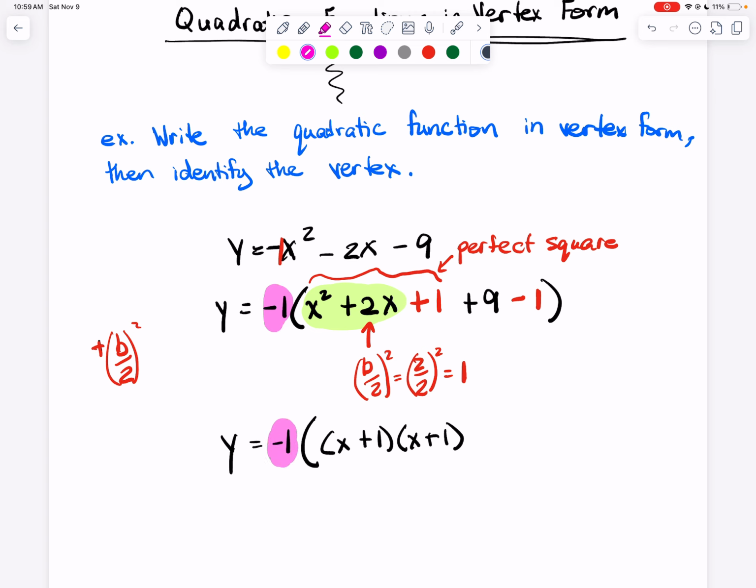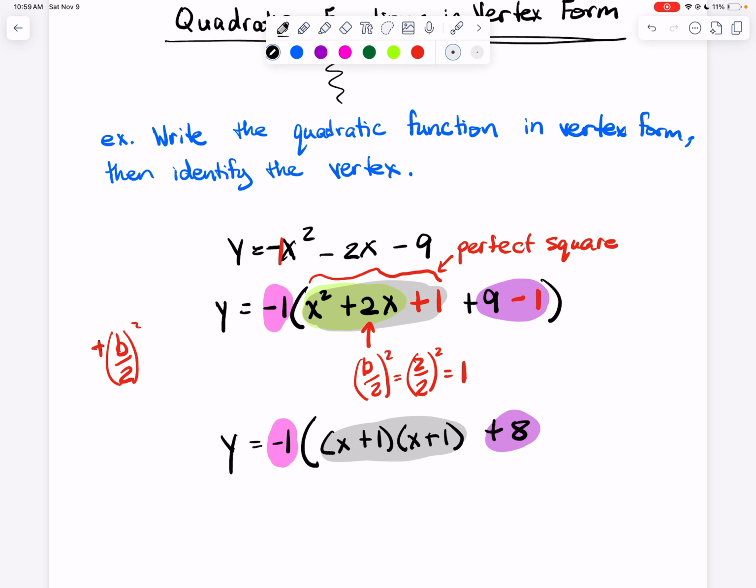What we factored just now, in gray, this piece is just this here, factored. And here we have plus 9 minus 1, so that is plus 8. And so here in purple, this here is just this here.